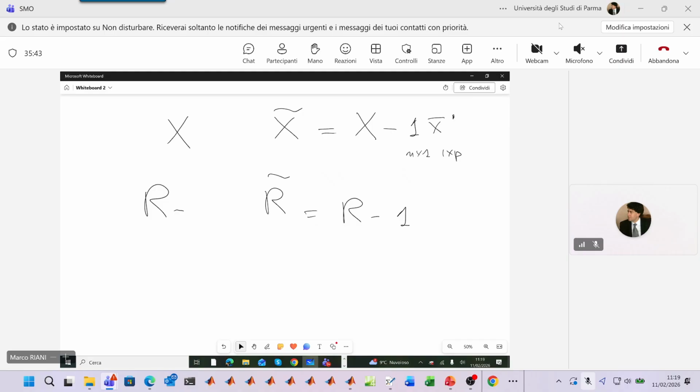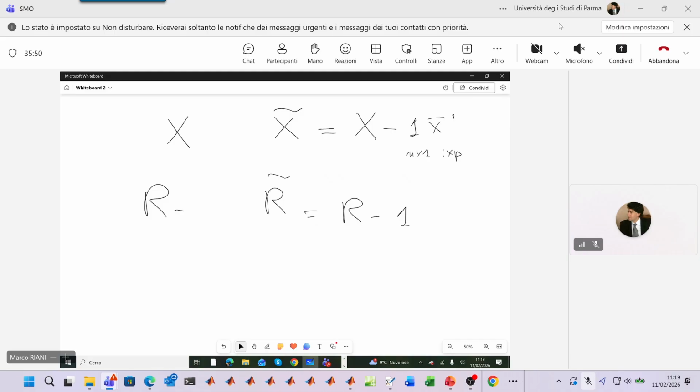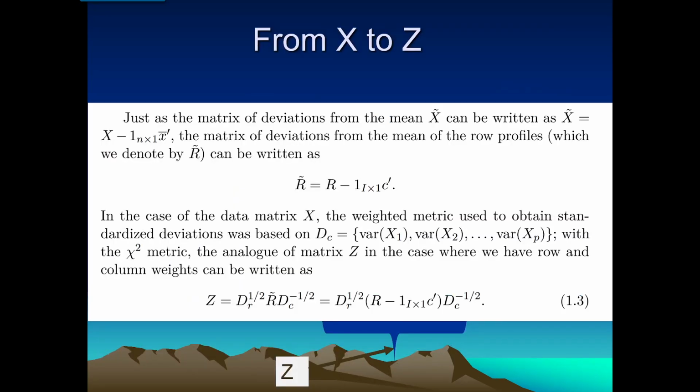What is the centroid in this case? The centroid of the row profiles. Here is c prime, the vector of column masses, which is the centroid of the row profiles. But it is exactly the same thing here. That's the reason why you have this formula here.